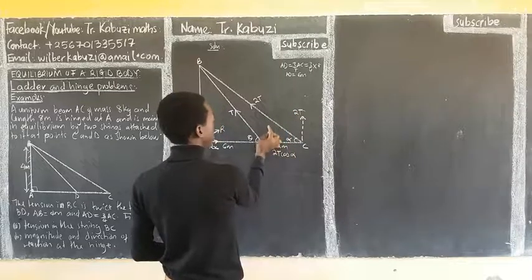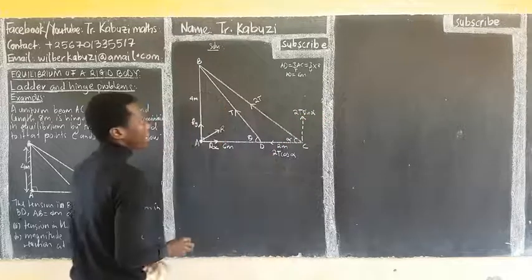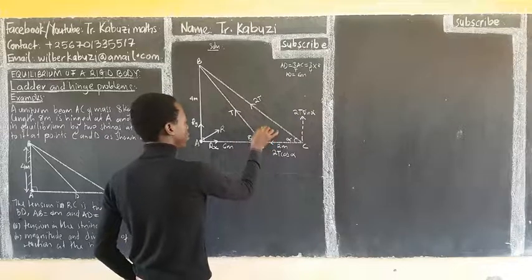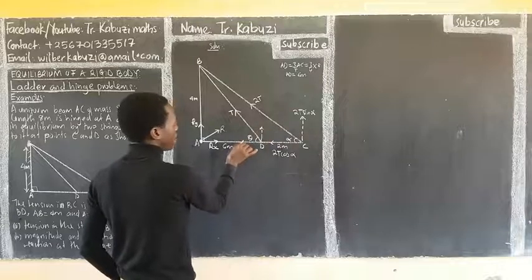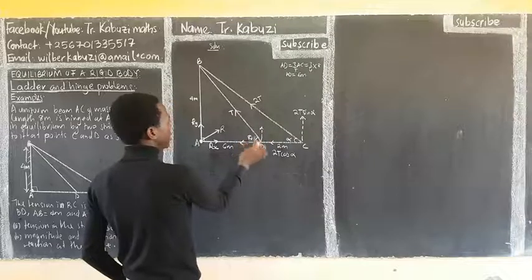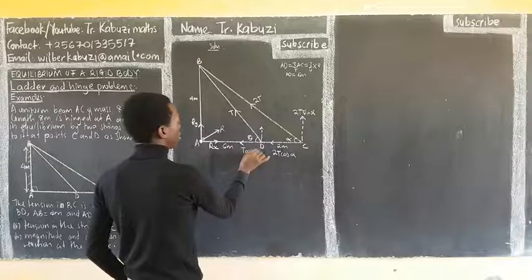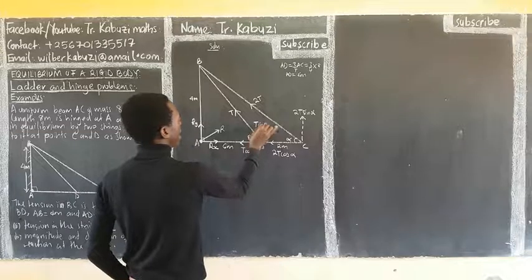The vertical component is going to be opposite to this, 2T sine alpha. Then if I try to resolve this, this one is going to be our vertical component, and this is going to be our horizontal component. You see it's adjacent, so this one is going to be T cos theta. This one is going to be T sine theta, the vertical component.